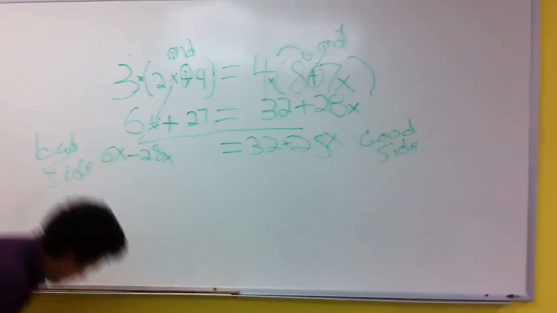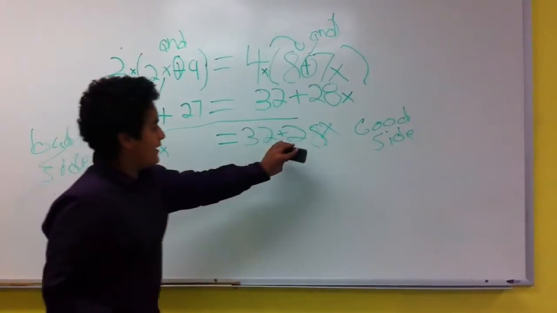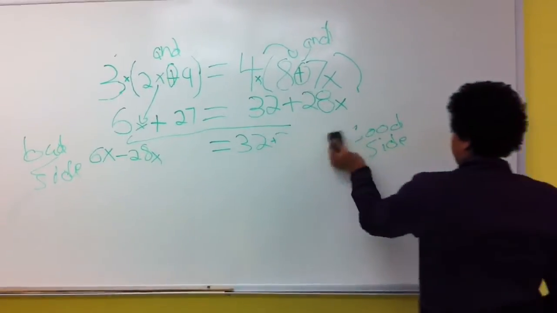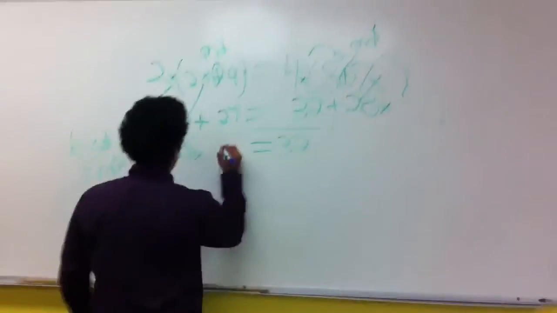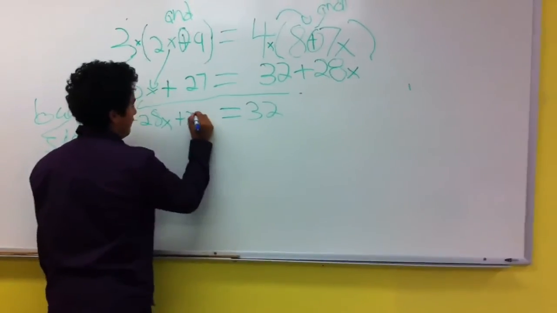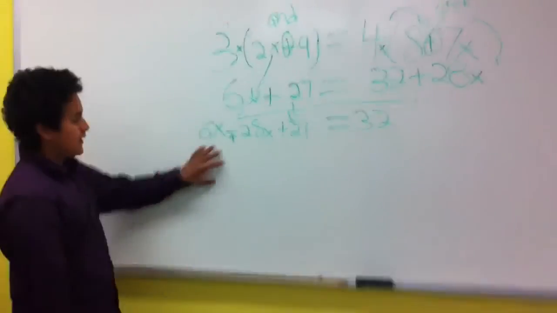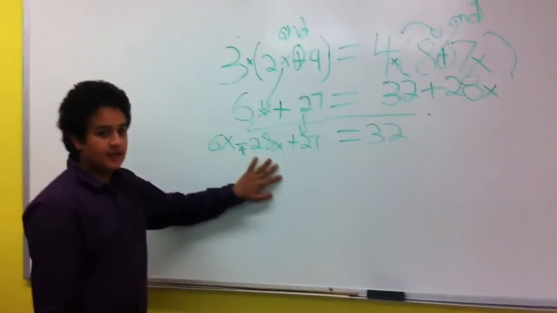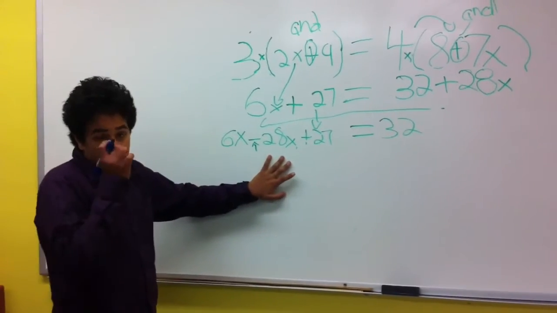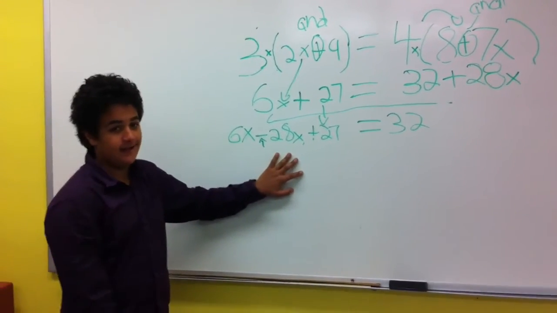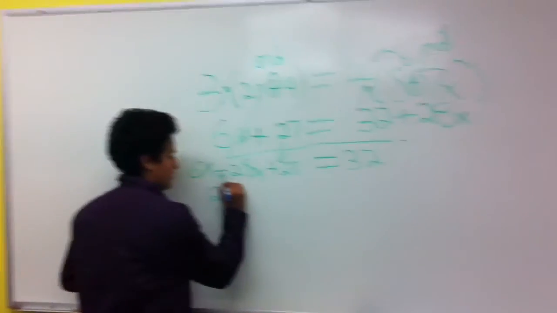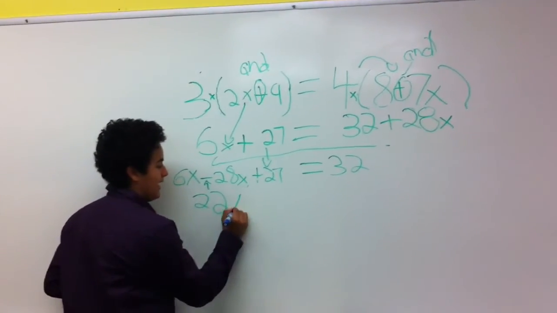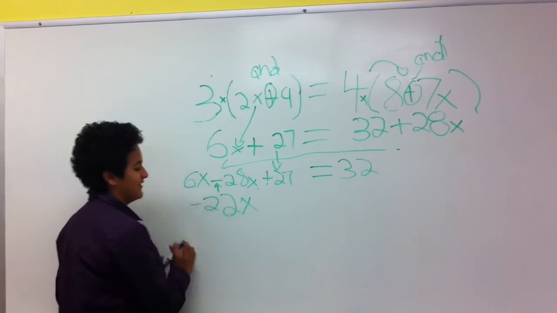Now, when you're doing it on your own, you're not going to write down the 28x here. It's just going to be 32, and then you're still going to have a plus 27, because you bring that down. So 6x minus 28x is pretty much like saying 28 minus 6, and you make it a negative. So it's going to be negative 22x.